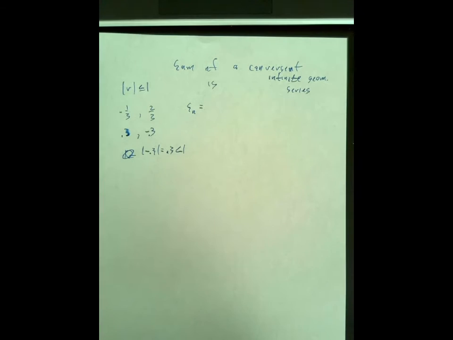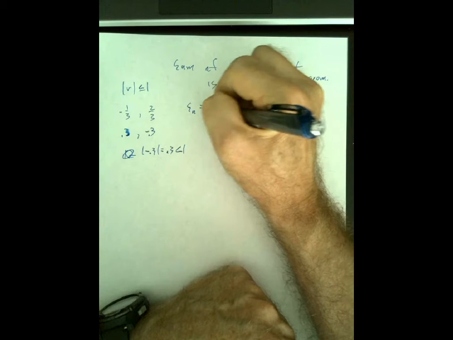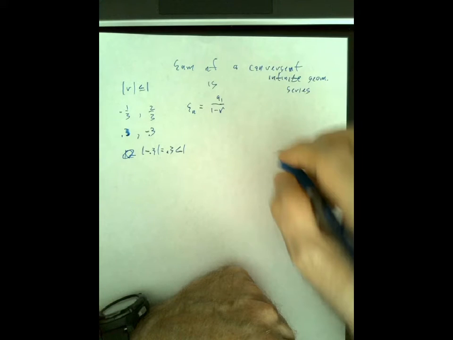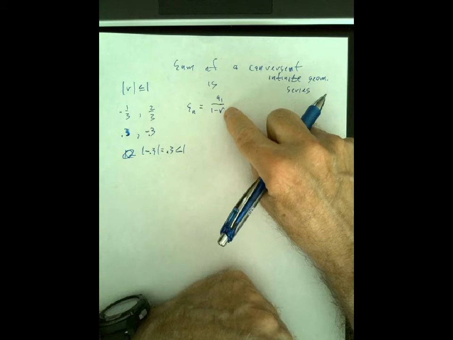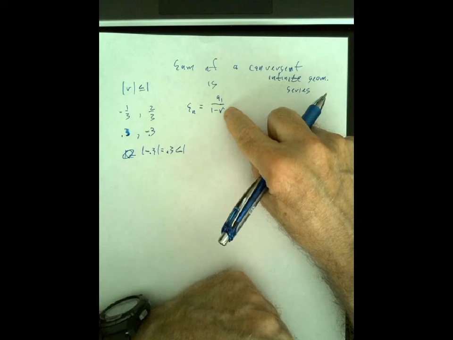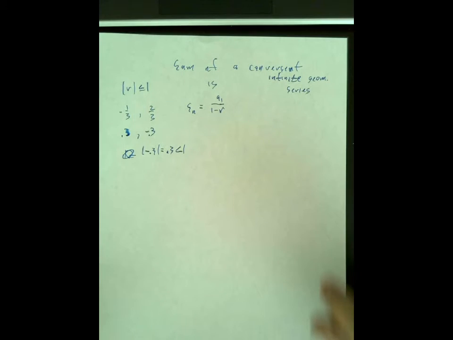So if we know it's convergent, then we've got this formula for the sum of the series, and it's a super easy one, where a sub 1 is the first term in the series and r is the common ratio. Notice there's no place here for n, the number of terms, because with an infinite series there is no n. The series is visualized as you just keep going forever.